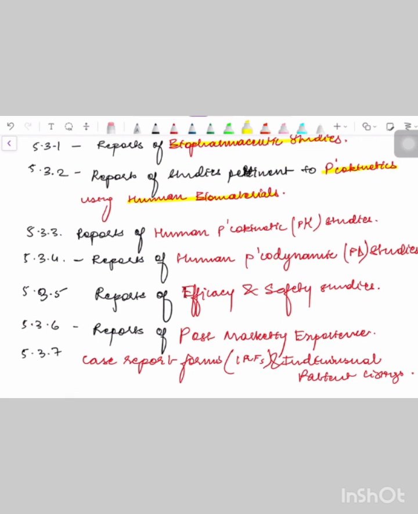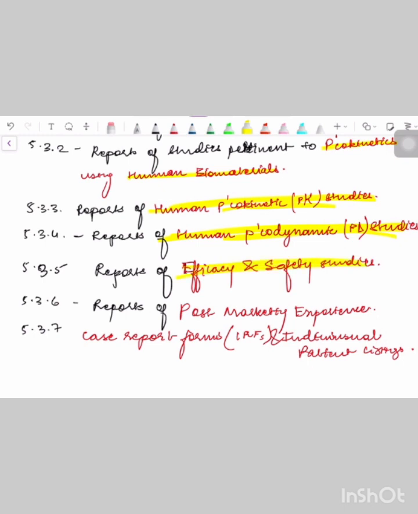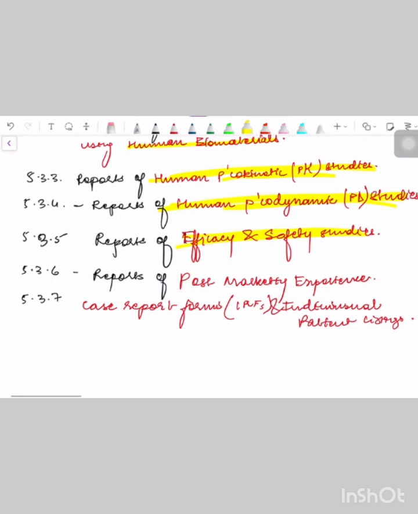Then 3 has actual human pharmacokinetic studies, and similarly human pharmacodynamic studies, PD studies and PK studies. Then obviously efficacy and safety would be there because we are talking about the clinical module. Module 5 is about the clinical module, and then reports of post-marketing experience are there, and case report forms are there, and individual patient listings are there.